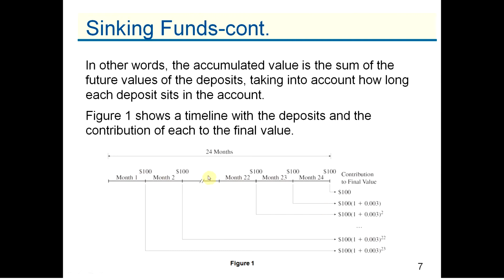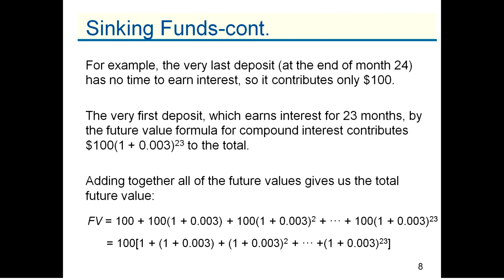You'd continue to do this all the way up to month 24, and then I would just add up those values. Now you're not going to do these manually. This is just showing you where the formula comes from. So when I added up all those values, you can see I've done that here.